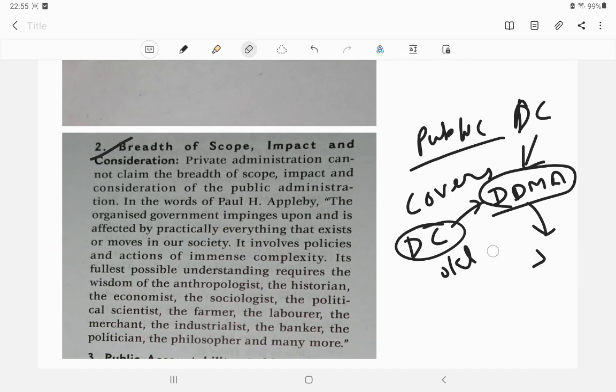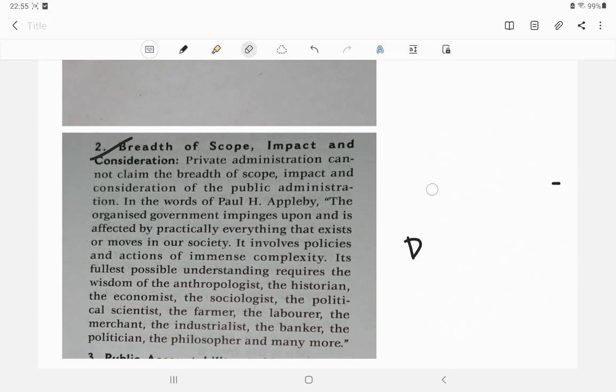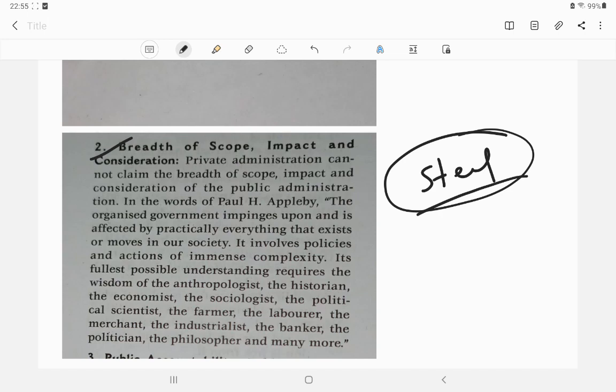So an administrator covers all aspects: health, society, law and order, etc. As compared to private administration, the businesses may focus on only one. For example, the head of a steel company will only think about steel, no other field.